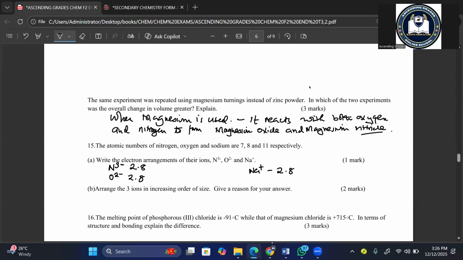Arrange the 3 ions in increasing order of size. Give a reason for your answer. Then you're supposed to give your answer.